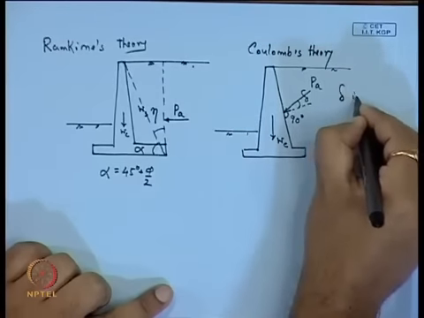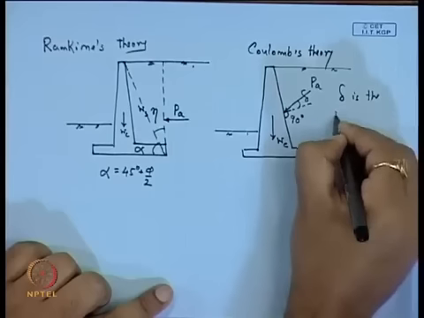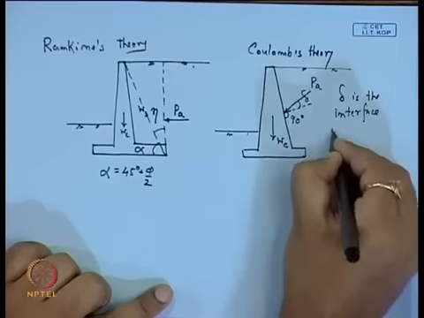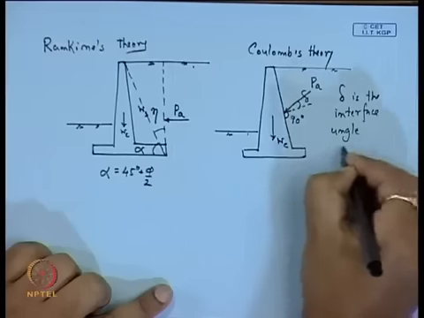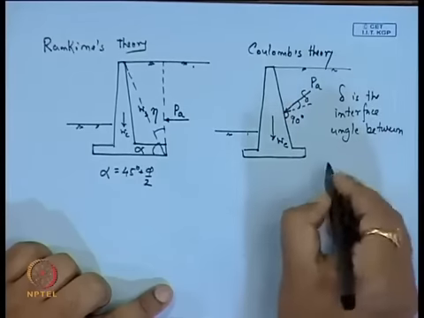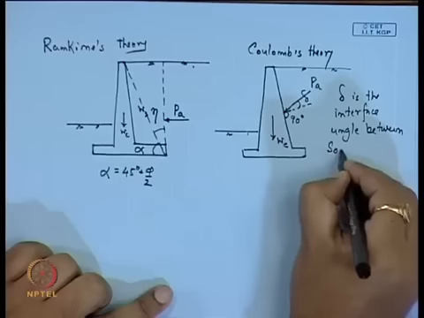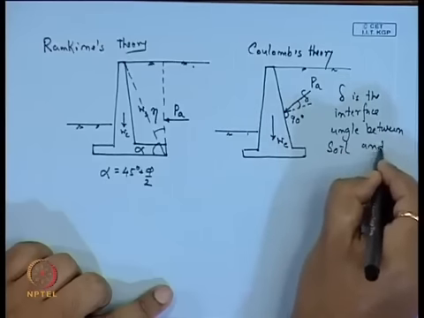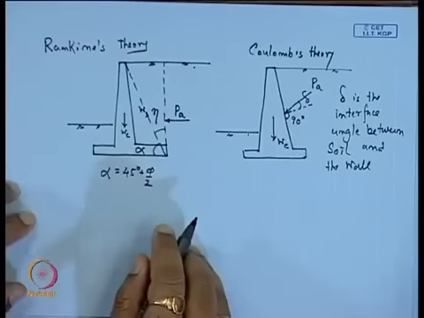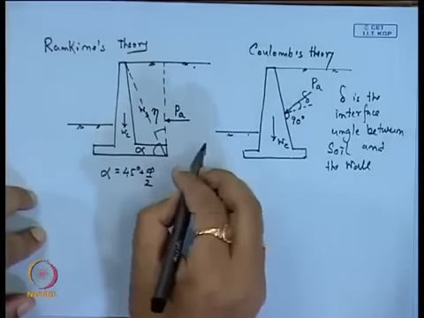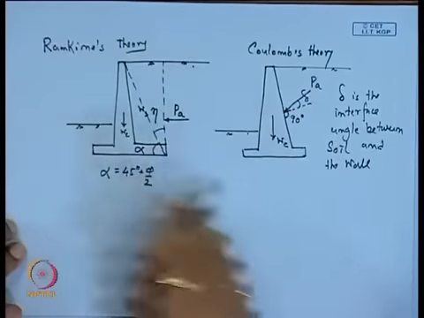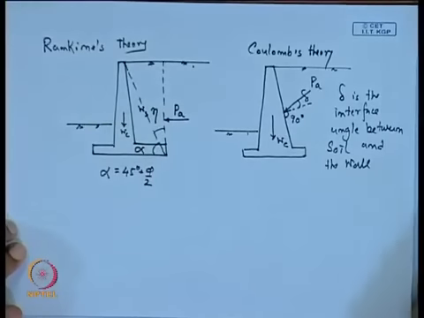So, delta is the interface angle between soil and the wall. So, these two things we have to remember when we use the two different theories for this analysis part.